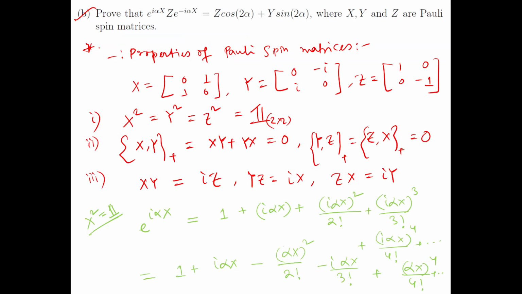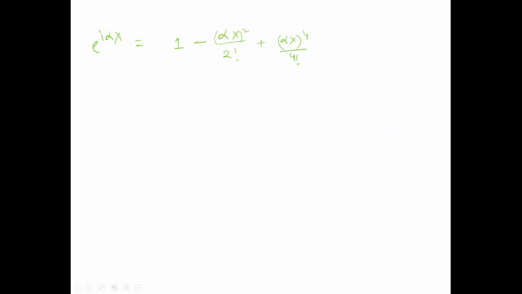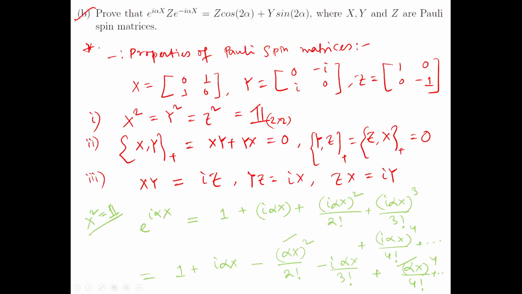So if you see the terms, alpha x square divided by 2 factorial, alpha x to the power 4 divided by 4 factorial, and you have other terms like minus alpha x to the power 6, so this will continue. And you have other terms like i alpha x.